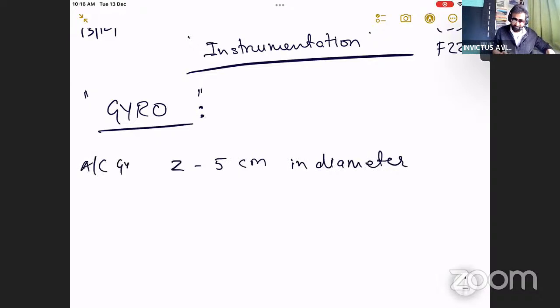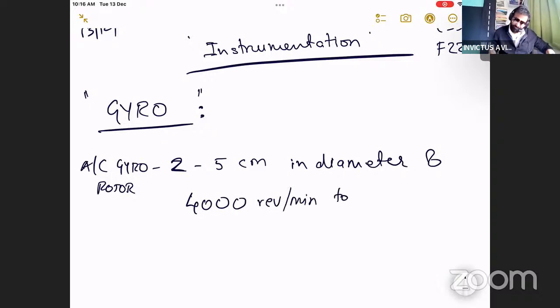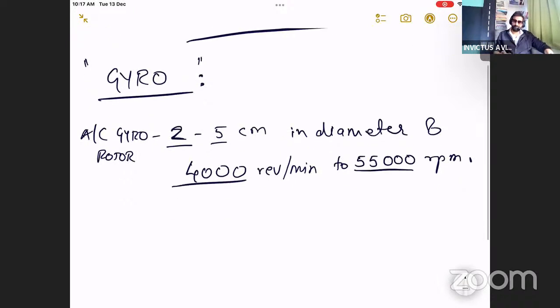Aircraft gyro rotor discs are 2 to 5 centimeters in diameter, and the RPM can range from 4,000 revolutions per minute to 55,000 RPM. See the range. Just imagine the speed at which the rotor is moving to give us these gyroscopic properties, which is rigidity.